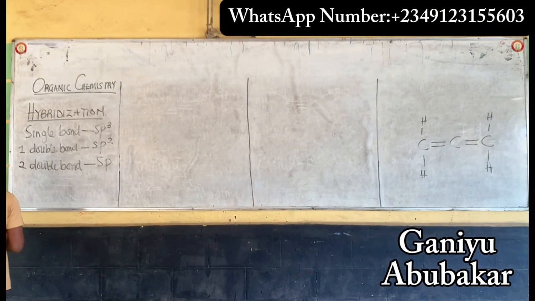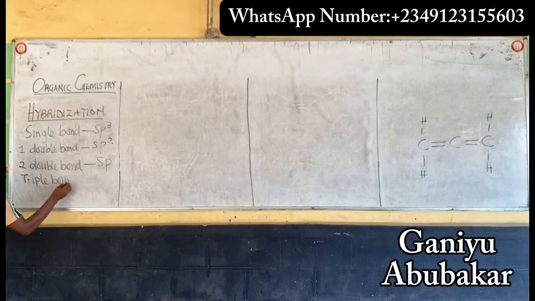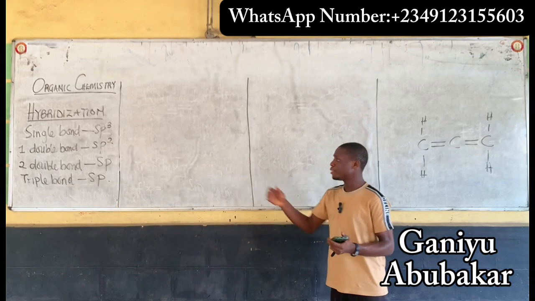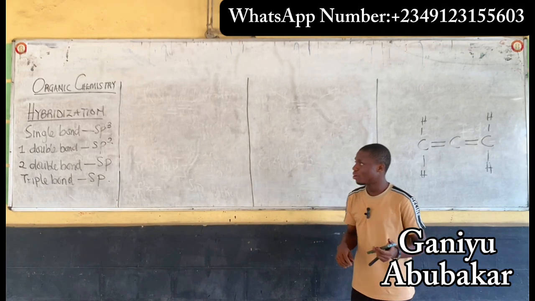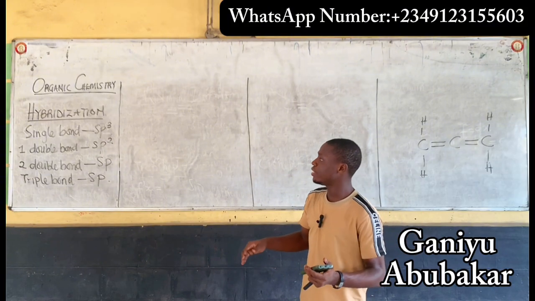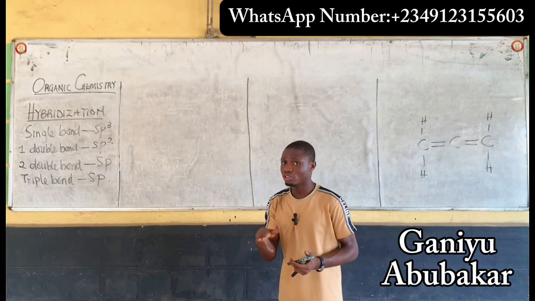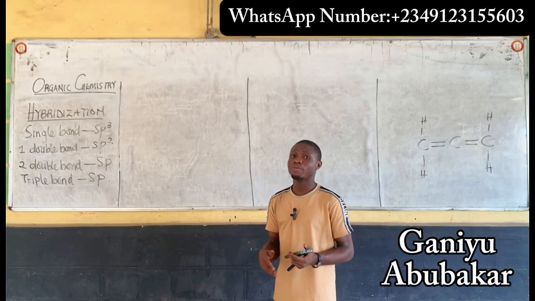Finally, carbon with one triple bond, or carbon with triple bond, are sp hybridized. All right, so note the hybridization pattern of a single bond, double bond, and a triple bond.